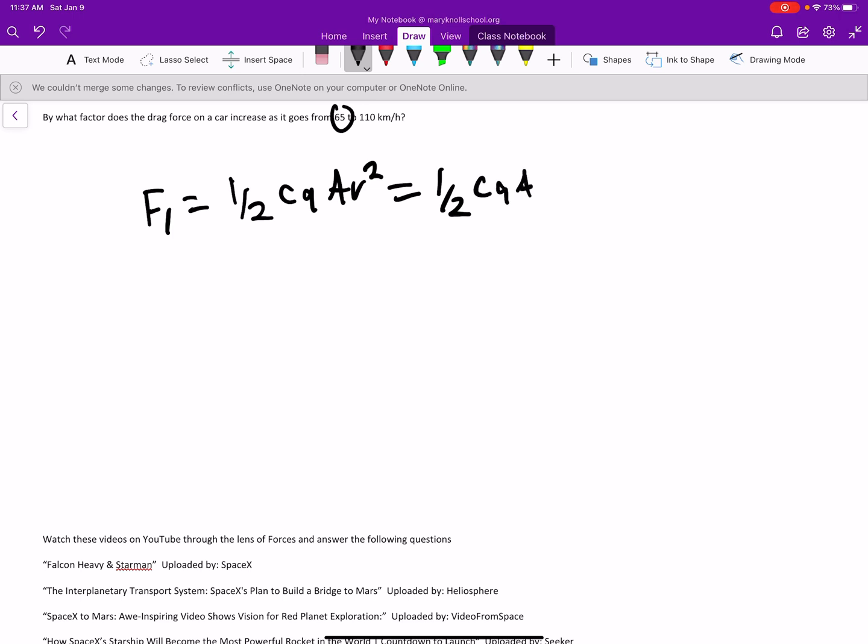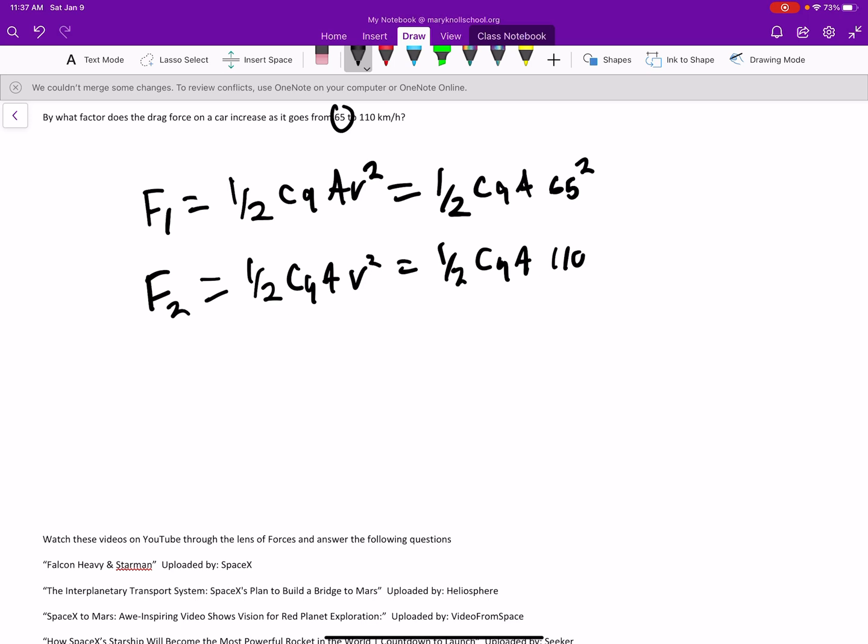And the interesting part is we don't need to know C, Q, and A. All we need to know is that V, and you'll see why in a second. So 65 squared. Force 2 is going to be 1/2 CQAV squared as well. That's 1/2 CQA, and then we get 110 squared.